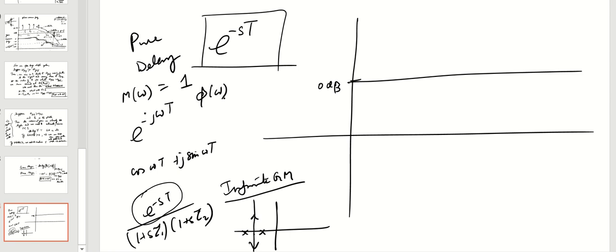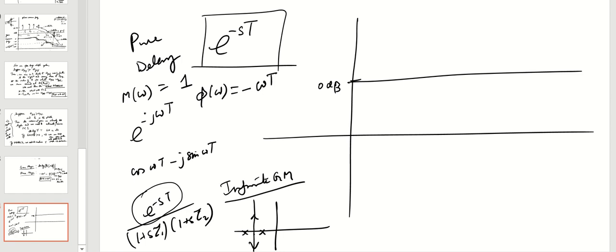And phi of omega is nothing but minus, okay, so we just missed something. There will be a minus sign here. So this is minus omega T.